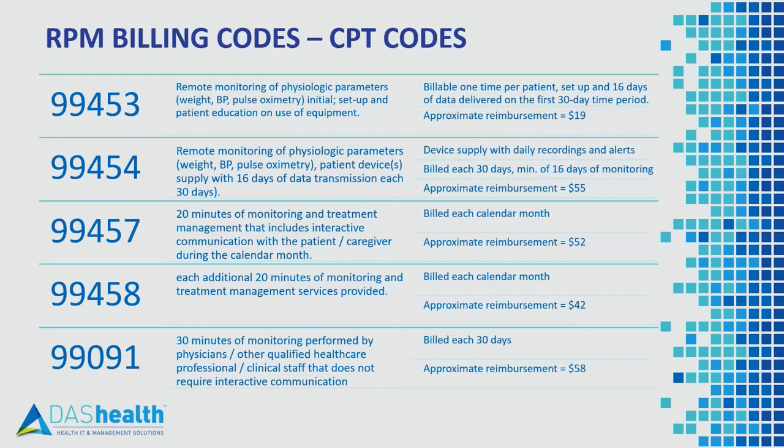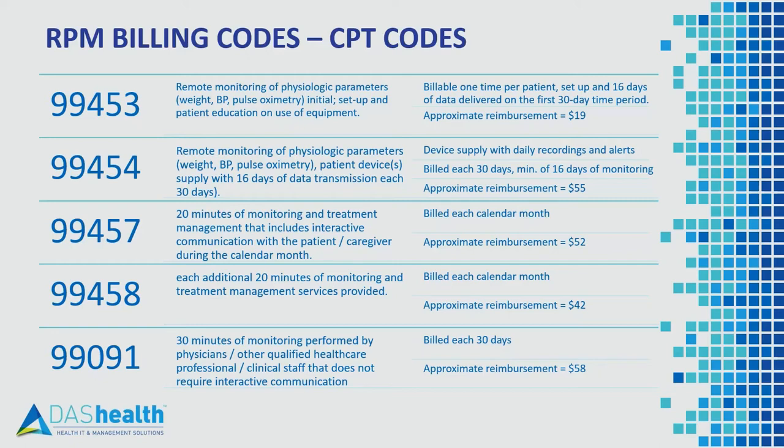It's usually by telephone, but a conversation with the patient in order to bill for those two services. The difference with 99091, you cannot bill that code with 99457 because 99091 is a code that's utilized by the practitioner. So those cannot be billed together.